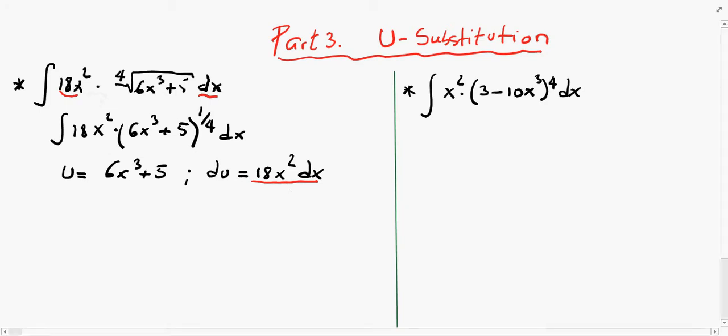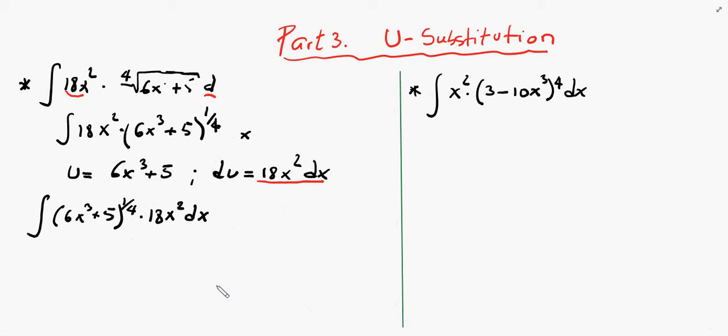So let us take the original integral. We will rearrange it by writing that our integral is now (6x to the power of 3 plus 5) to the power of 1/4 times 18x to the power of 2 dx.